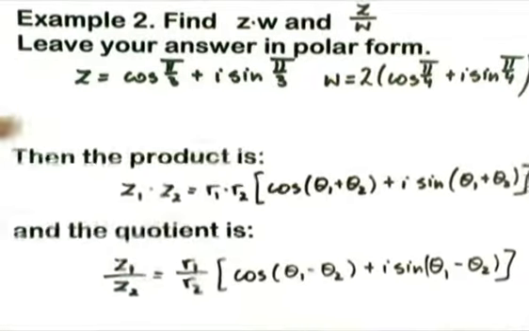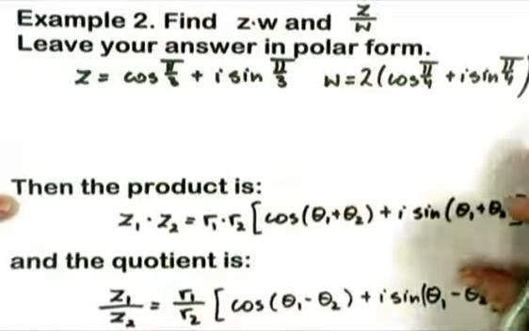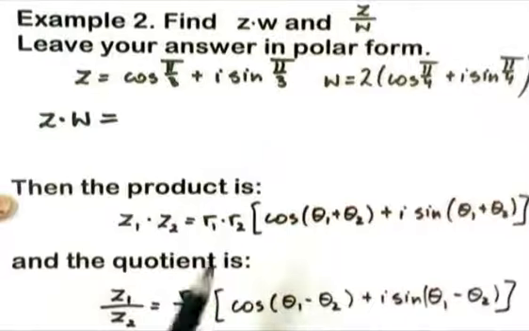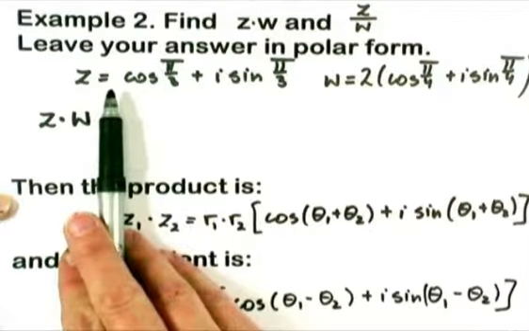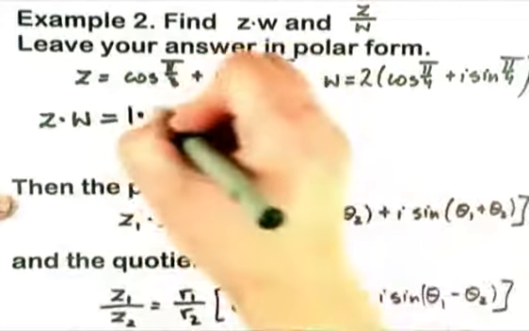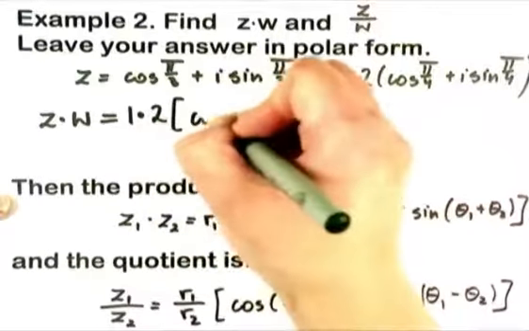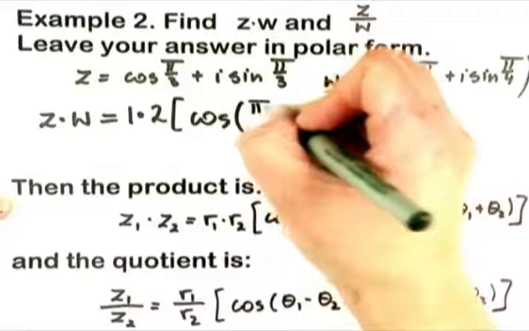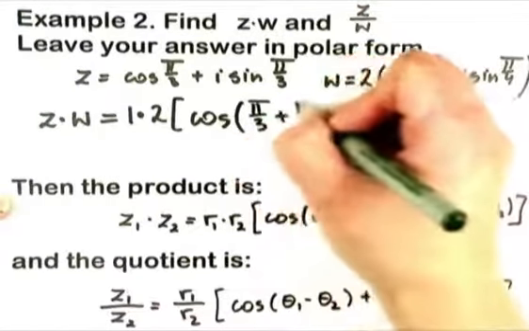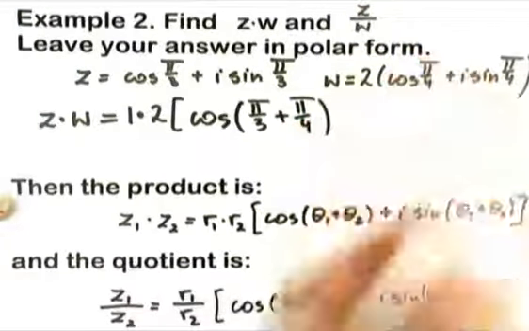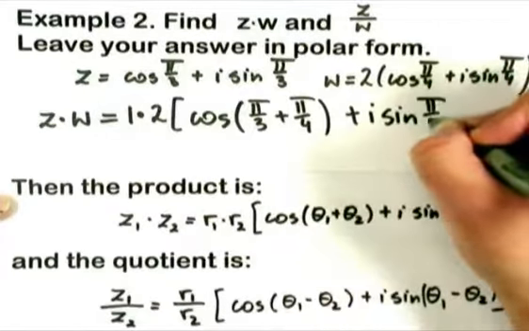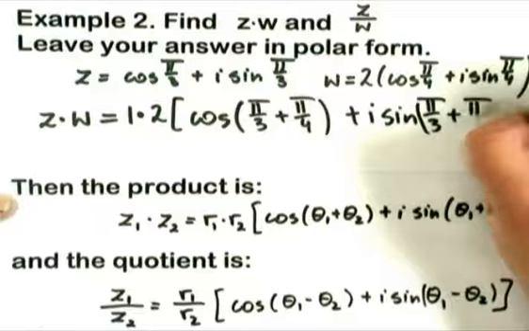For z times w, we multiply the r's. Here there's no r, that means it's 1 times 2, and then we have cos, we add the angles, pi over 3 plus pi over 4, plus I sine pi over 3 plus pi over 4.